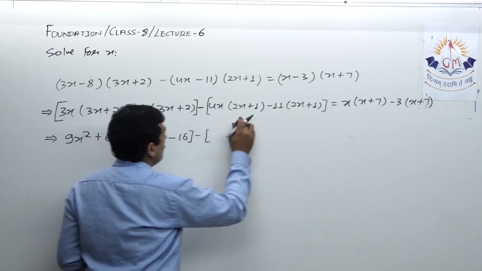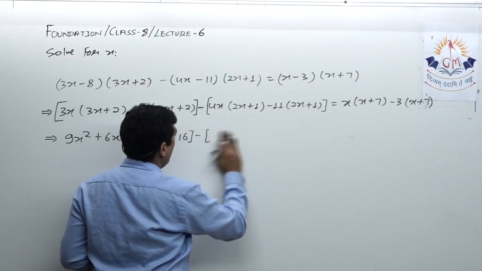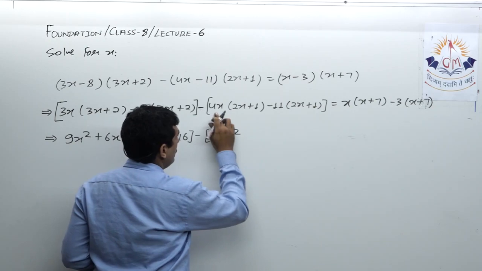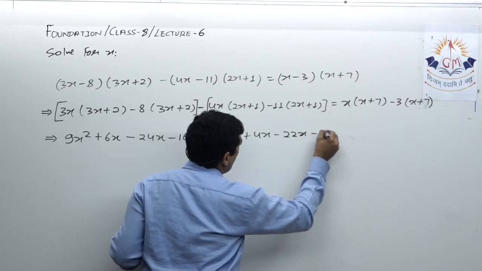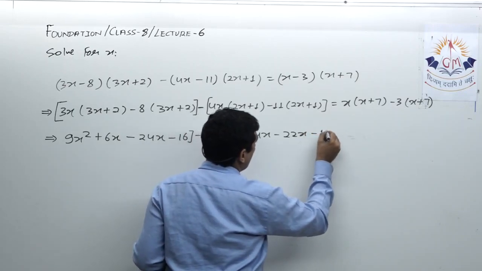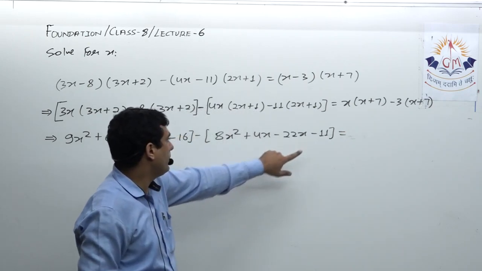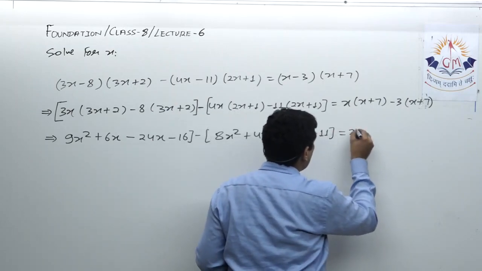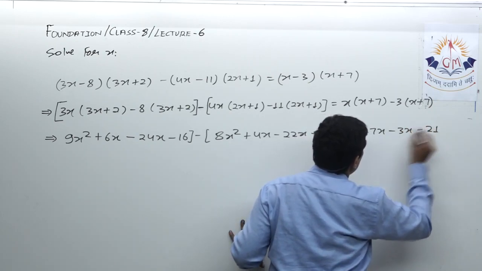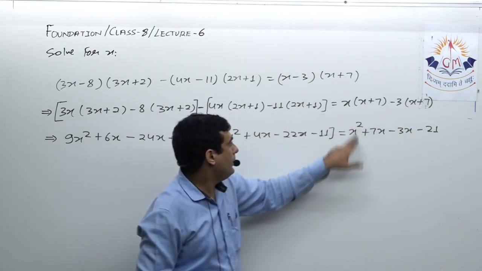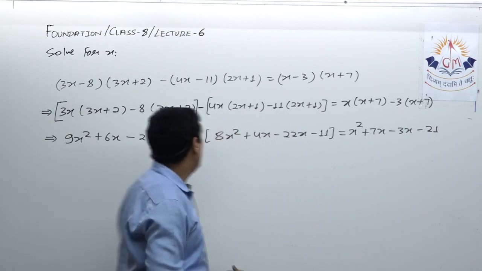Now over here 4x into 2x, that is 8x square, then plus 4x minus 22x minus 11, bracket close: 8x square plus 4x minus 22x minus 11. Now x into this, so x square plus 7x minus 3x minus 21. Okay, x into x square, x into 7, 7x, minus 3 into x, minus 3x, then minus 21.